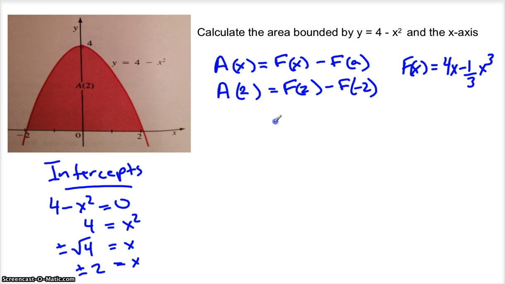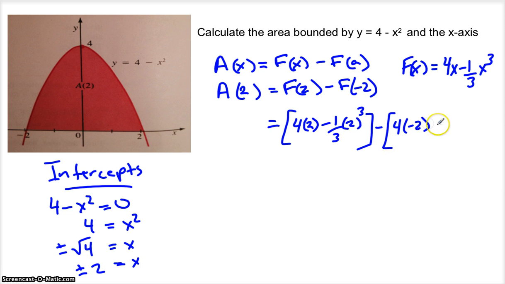Okay, so let's evaluate F(2). So we substitute 2 in there. So 4 times 2 minus 1/3 of 2 cubed. And then we want to subtract F(-2). So we'll substitute -2 in there. So that's our area.